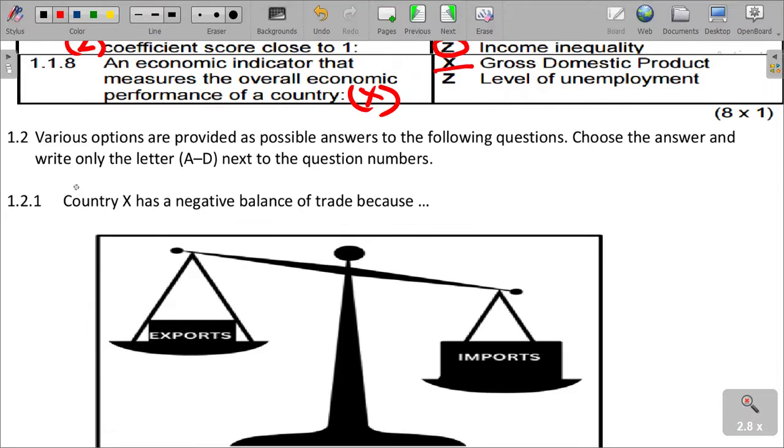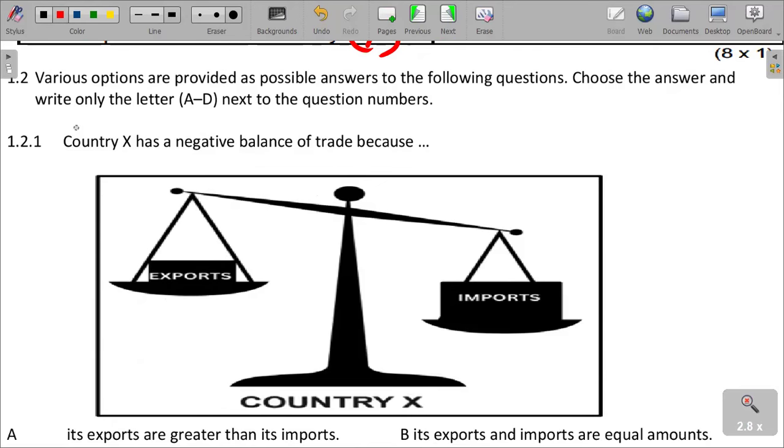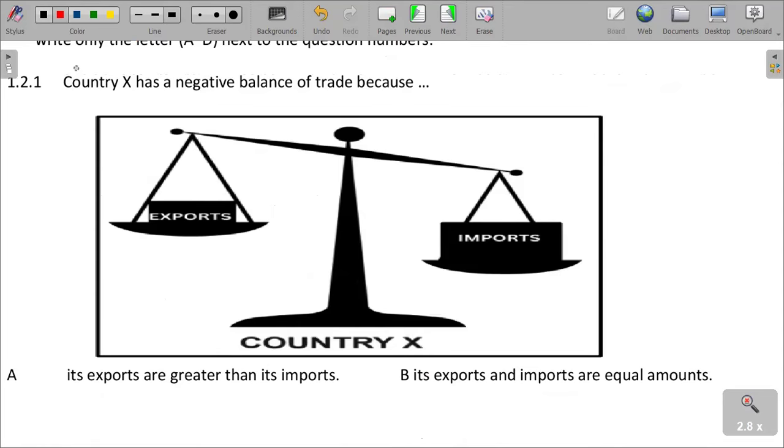And then various options are provided as possible answers to the following question. Choose the answer and write only the letter next to the question numbers. Country X has a negative balance of trade because, dash.